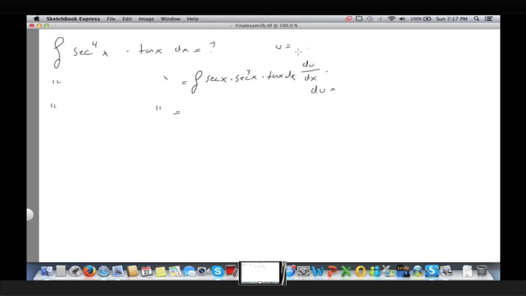Now we can say that u equals secant. Wait. Let's see.